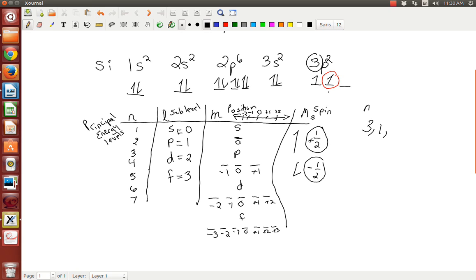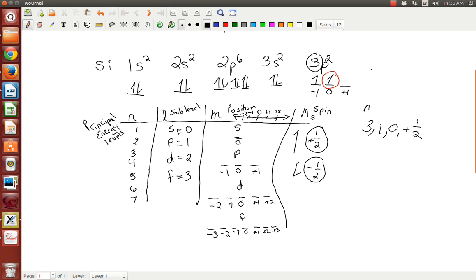It's in the P. So this would be the 0 position, and this would be the +1 position, and that would be the -1 position. So it's pretty easy. Just put the 0 in the middle spot, and +1 and -1. You know what position it's in. It's in the 0 position. And then it's spinning up, easy. +1/2. And that is the quantum number for silicon.